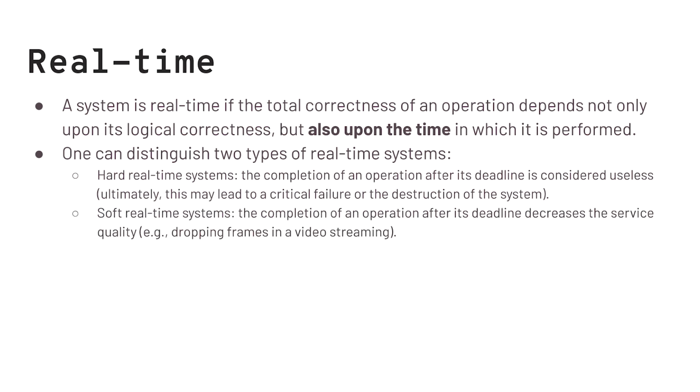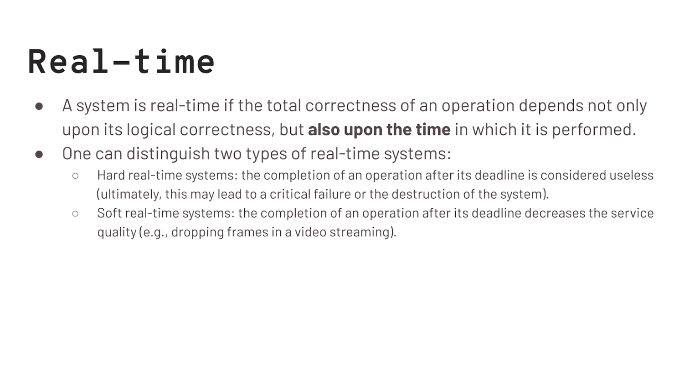Soft real-time, on the other hand, means the completion is more of a service quality problem. For example, you're watching Netflix, your internet connection is not very fast, there's some problem in the line, and then you get some buffering or some degradation in quality. This is not life critical.